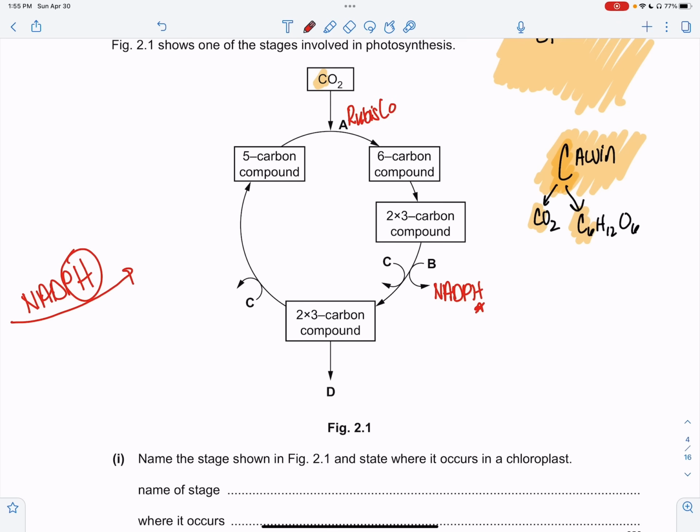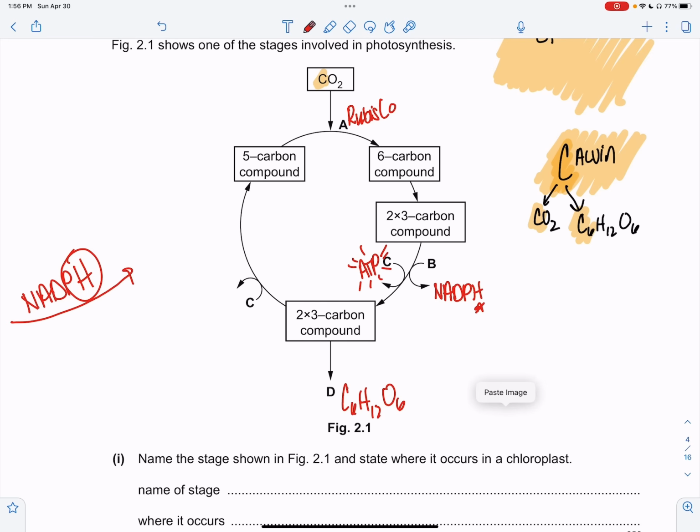All right, and then it takes energy to bring that here. And so this C is going to be ATP. The NADPH with energy from ATP is going to combine with CO2. And out of these 2 3-carbon compounds, we're going to actually release glucose.